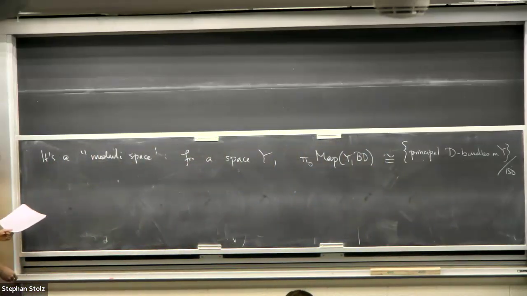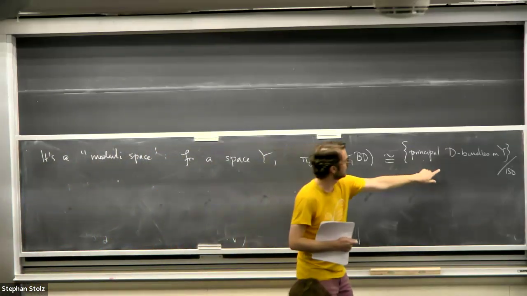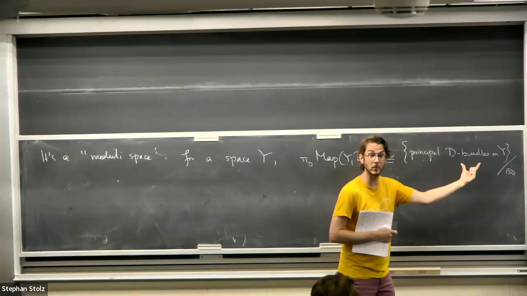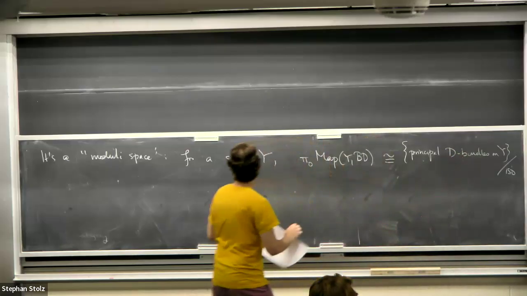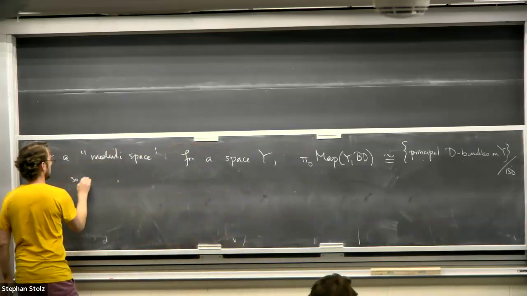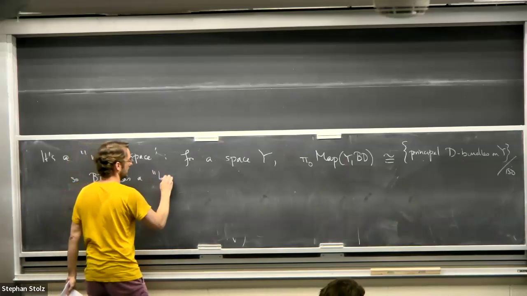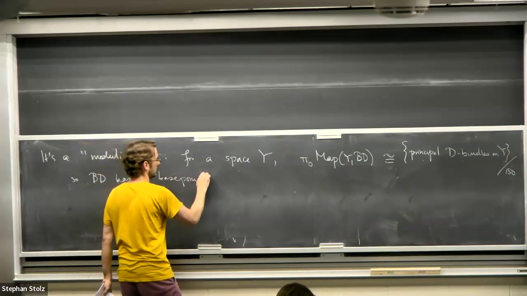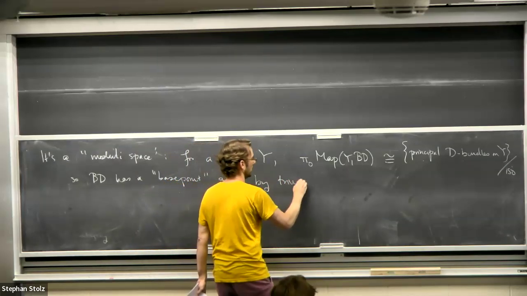Okay. I want to point out that one consequence of this isomorphism is that it has a natural base point. There's always the trivial D bundle, so BD has a base point given by the trivial bundle.